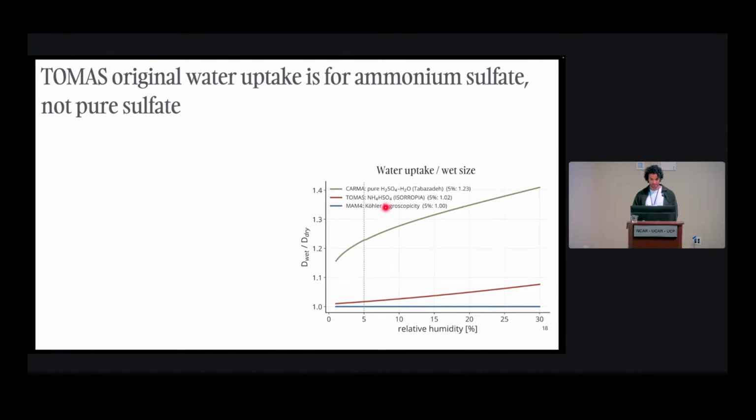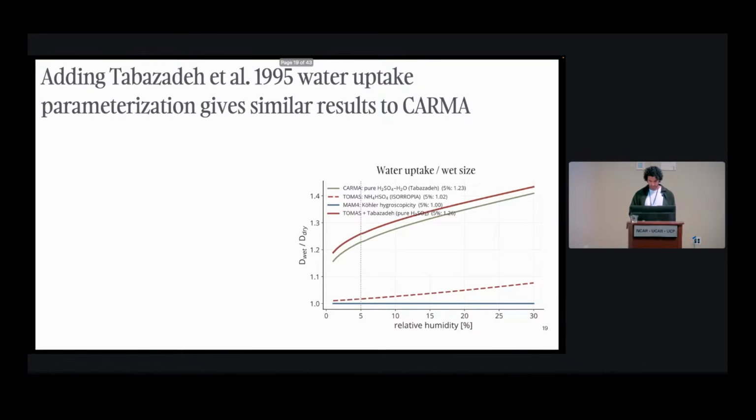And MAM uses the Kohler parameterization, which doesn't really represent the sulfuric acid. So out of curiosity, again, included Tabazadeh's parameterization in Tomas, and you can see there is a slight differences, but it's getting closer in terms of water uptake.